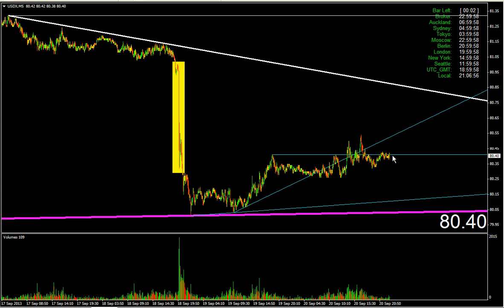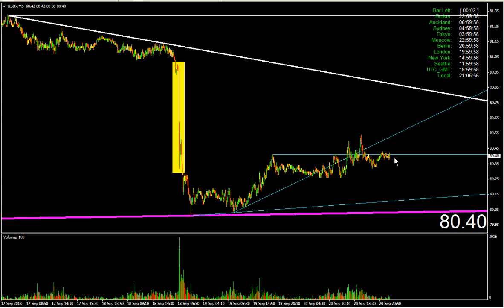We closed 80.40. So if we create a trend line along the Wednesday and Thursday lows, we've got around about 80.15 as a trend line or a support line maybe.